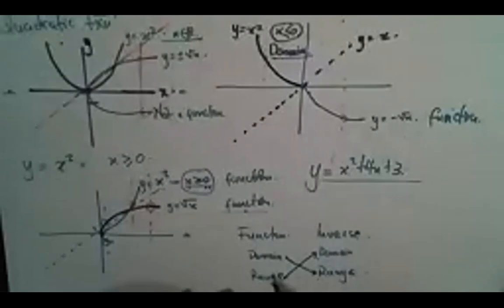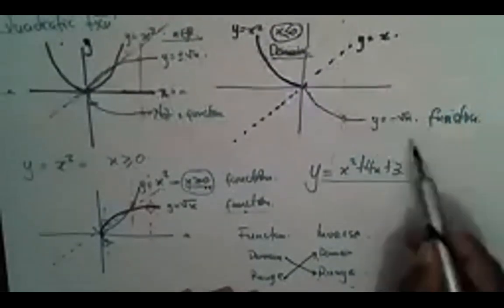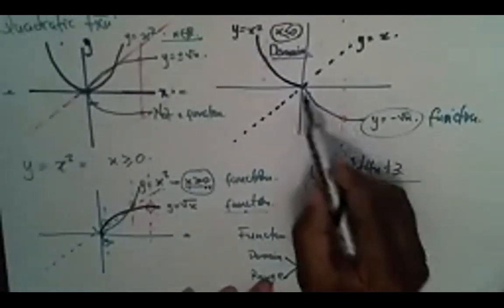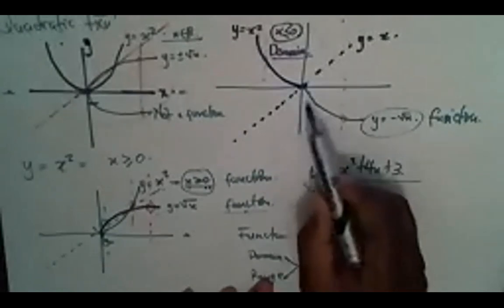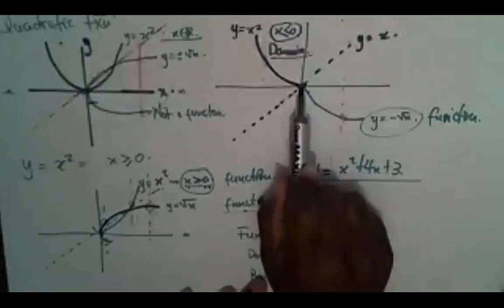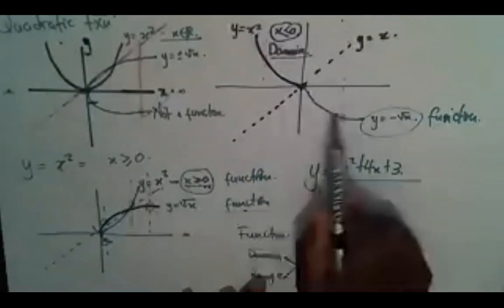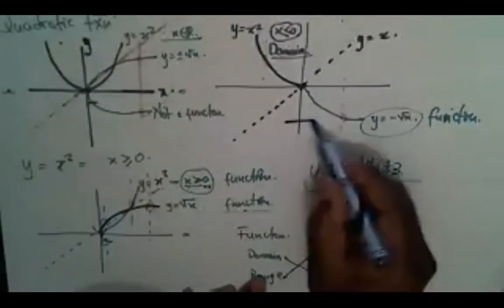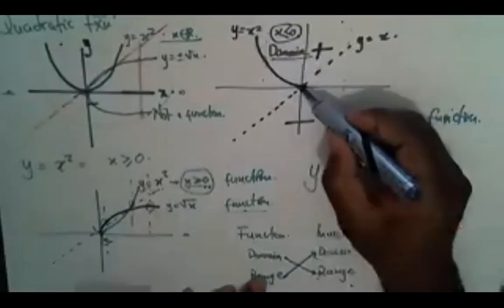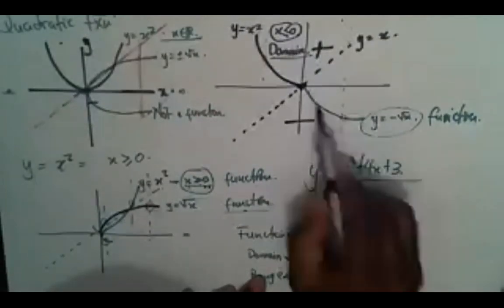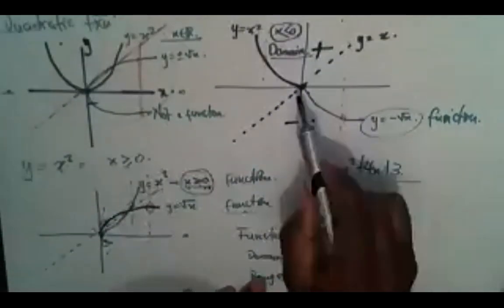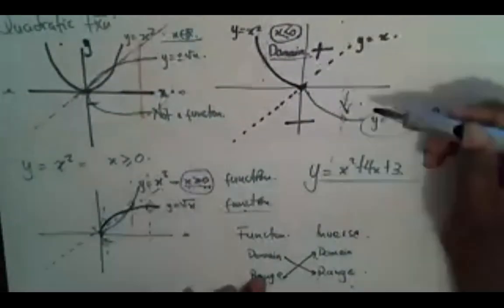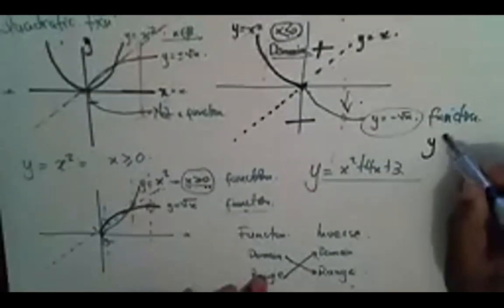It becomes the range. So the range of the inverse, you can actually see here, y is the range. The negative side is here and the positive side is there. We can see the highest value that this curve can get is 0. Everything else is less than 0, so y is less than or equal to 0.